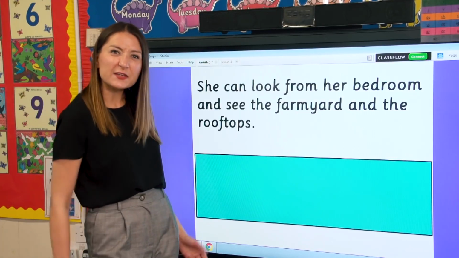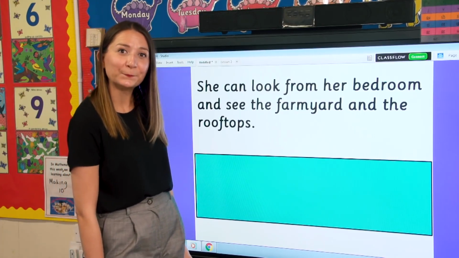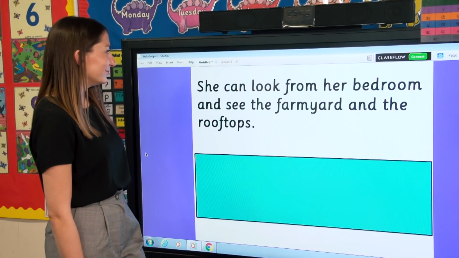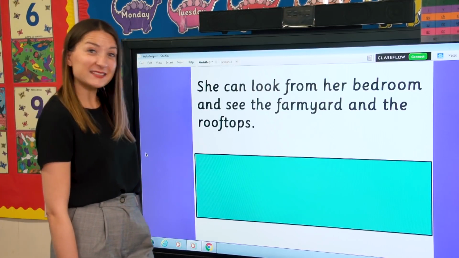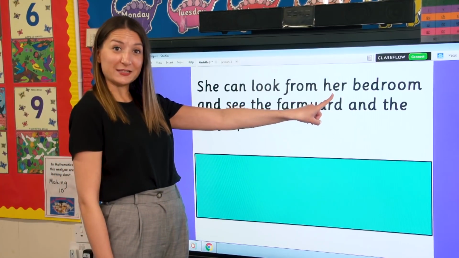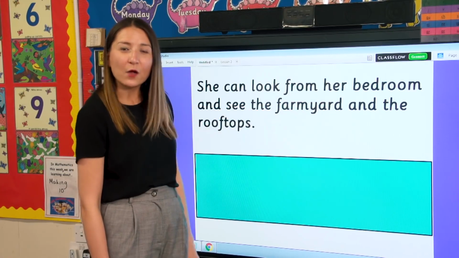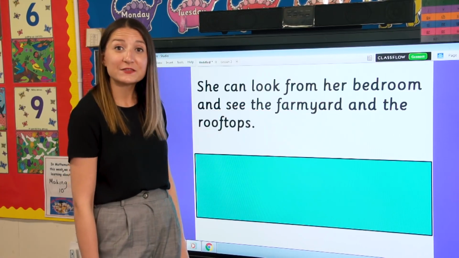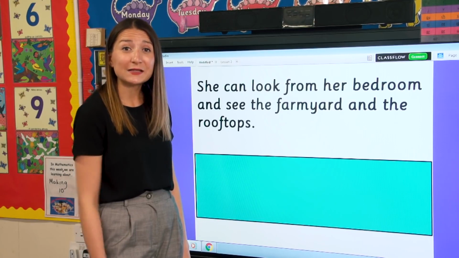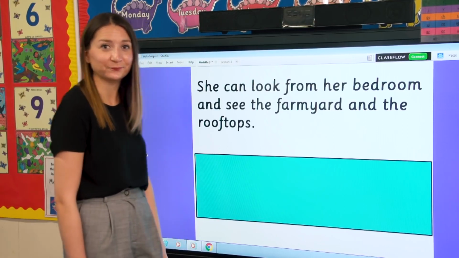Can you see any tricky words we already know? Yes, this is a tricky word we already know. Now, I want you to read aloud as I point to the words. And remember to sound out any words you're not sure of. Are you ready?